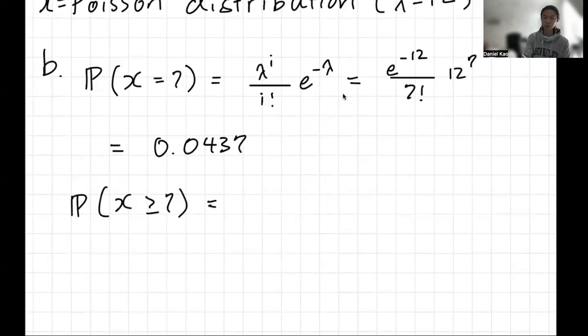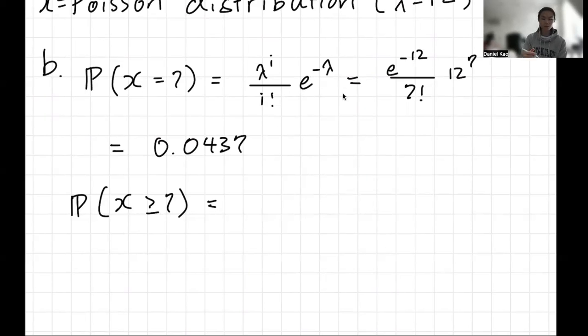You might remember that for a geometric distribution, the probability that a geometric random variable is greater than some number can be given by (1 minus p) to the k minus 1, because if our success happens on the kth trial, that means the first k minus 1 trials all fail. That doesn't exist for the Poisson distribution.